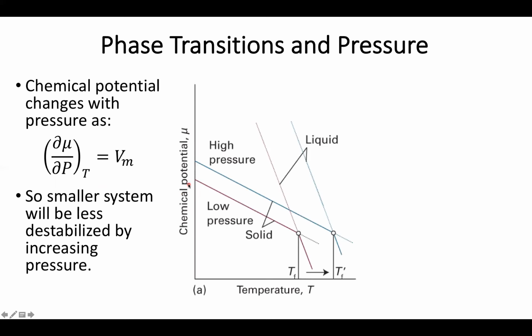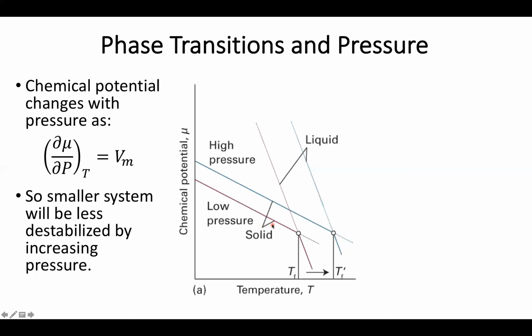As we stated last time, a phase transition is going to be the point at which my chemical potential for, say, my solid ends up matching the chemical potential of my liquid. Now, in general, most solids are going to be smaller than their liquid counterparts.